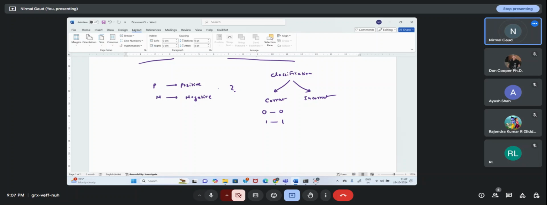That means if actual is 0, predicted is also 0; actual is 1, predicted is 1. Correct classification done by the model. Incorrect means 0 for 1, 1 for 0. That means actual y is 0, y prediction is 1; y is 1, prediction is 0.